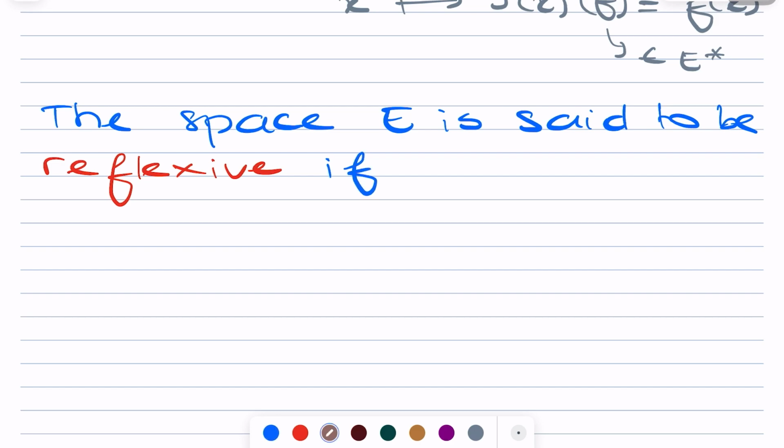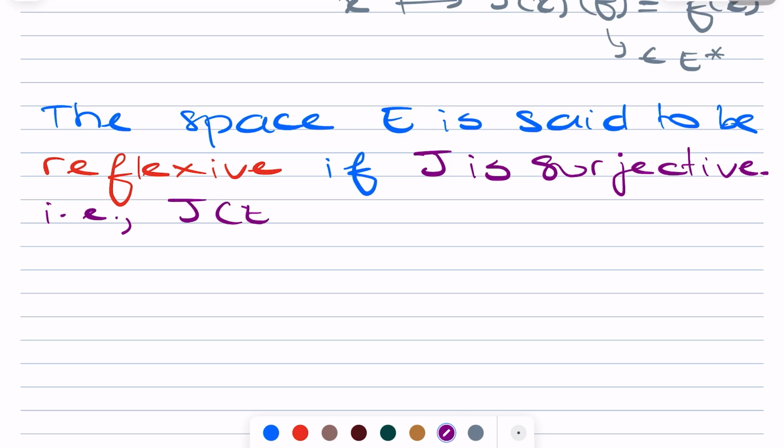So if J is surjective, this means that the image of the space E is nothing else than the bidual.